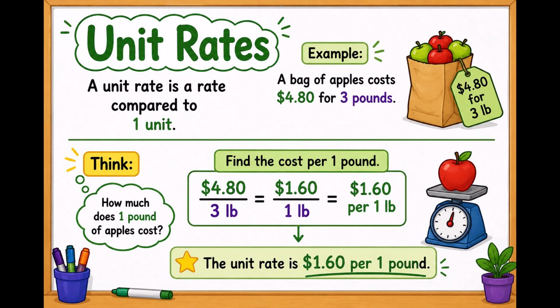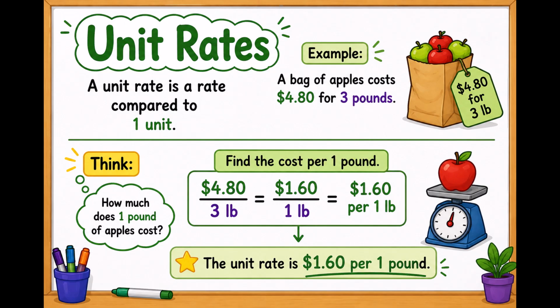So this is how we write the answer. The unit rate is $1.60 per pound. Excellent. The word per, again, means for each. So each pound of apples costs $1.60.